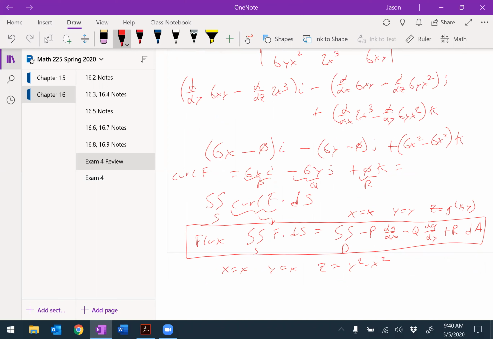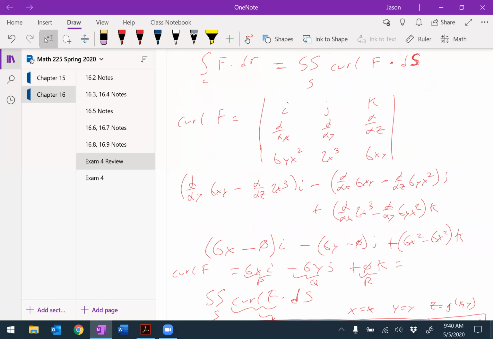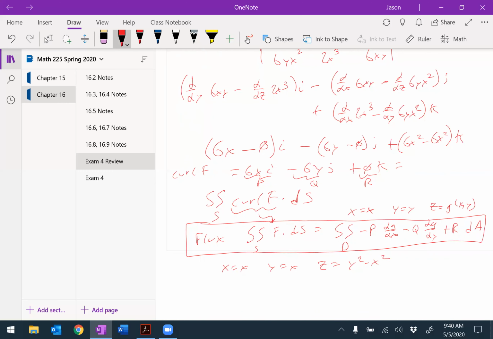So again, this really is the curl of f. Because what we did was we changed the f dot dr into the curl of f, and we said, well, what was the curl of f? The curl of f was equal to this right here, and so that becomes our f in our flux. Instead of f, we're using the curl of f because that's what Stokes' theorem tells us to use.